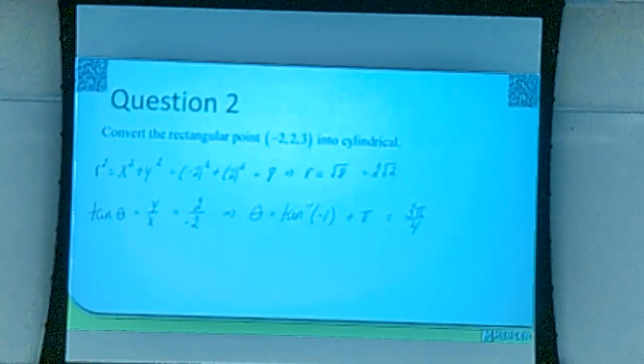Not that big of an issue for a problem like this, because you can easily determine the angle from the unit circle. Not all points are going to be a simplification where you may get something like the inverse tangent of negative 2/3, which doesn't have a nice angle. So being able to logic your way out this way is pretty important. And of course, z just equals z.